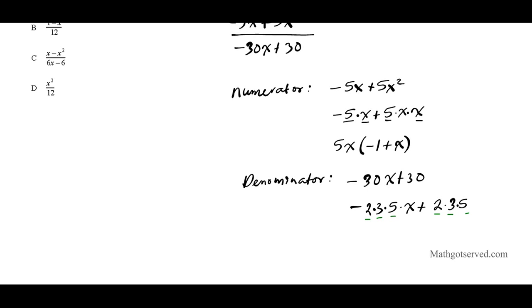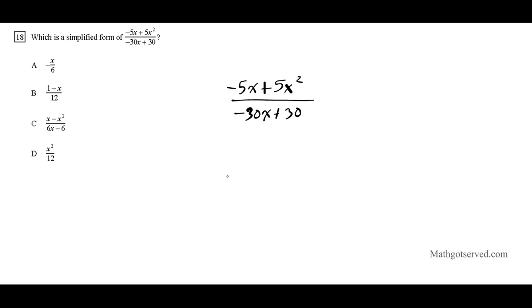So when we factor out positive 30, let's go ahead and do this one again. So we have the numerator. The numerator is negative 5x plus 5x squared. Let's break that down.